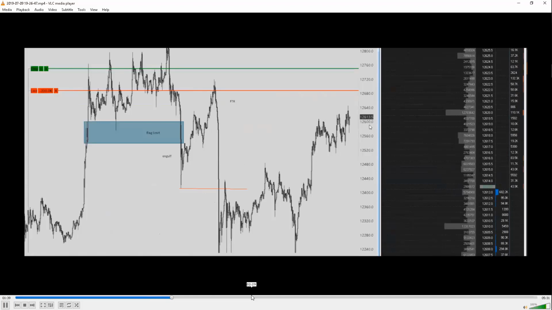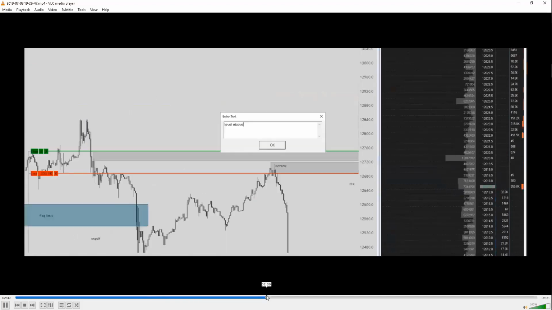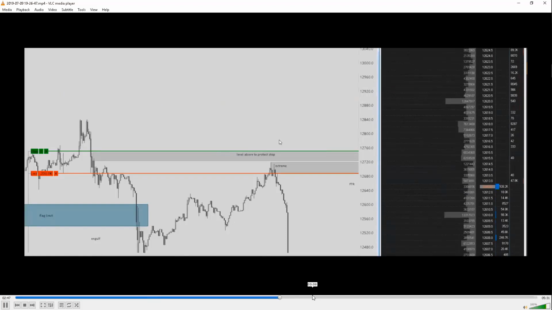Just skip forward a bit. Okay, marked out the extreme and then a level above price to protect the stop.